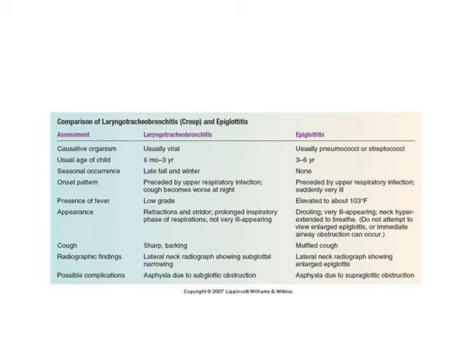Again, what are some of our symptomatic management? Sometimes we hear about taking them in the bathroom with a hot, steamy shower, and I just mentioned to you the cool, moist air. It really doesn't matter if it's the steamy bathroom or the cool night air. The thing that is most important is that humidification and the moisture in the air.